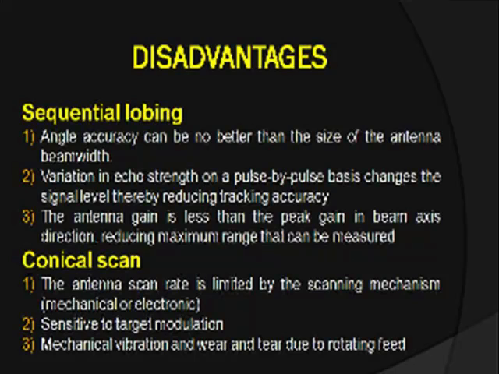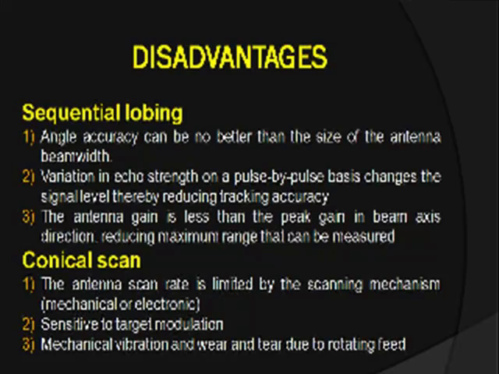Variation in echo strength on a pulse by pulse basis changes the signal level, thereby reducing tracking accuracy. The antenna gain is less than the peak gain in the beam axis direction, reducing the maximum range that can be measured.